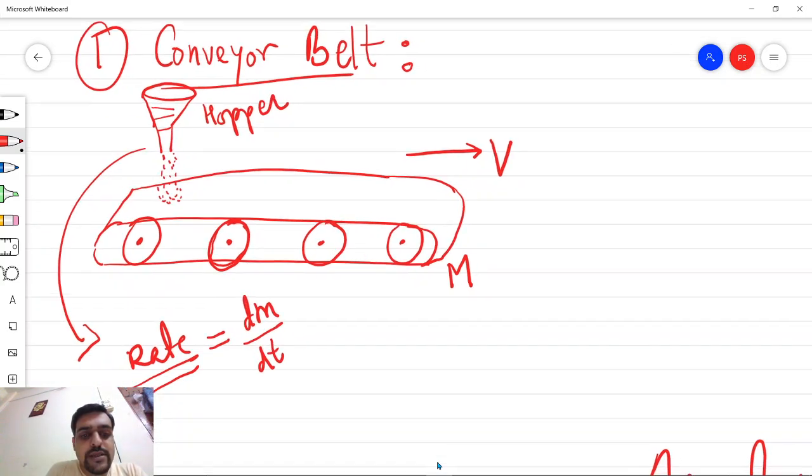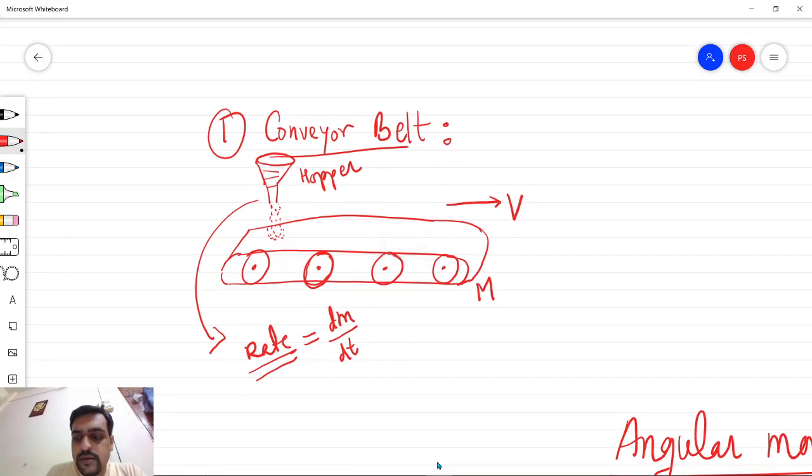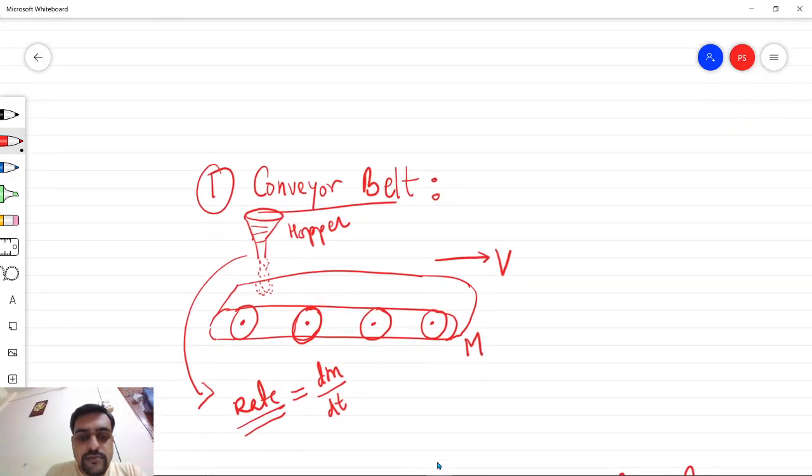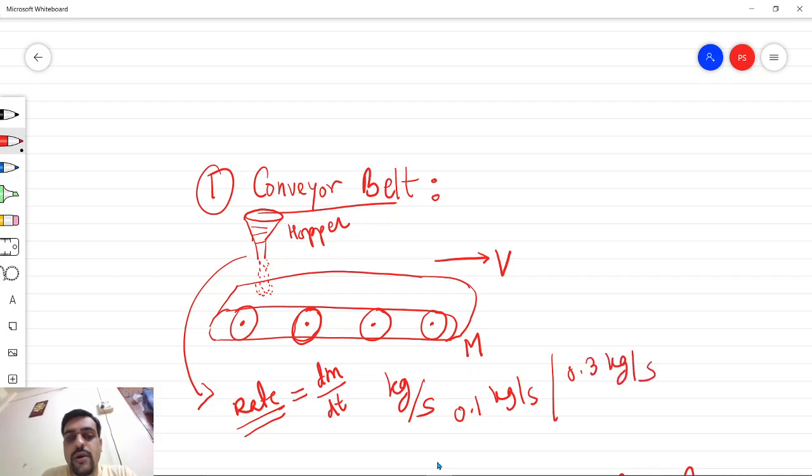So it has units of some kg per second. So let us say this rate is suppose 0.1 kg per second or 0.3 kg per second and so on.